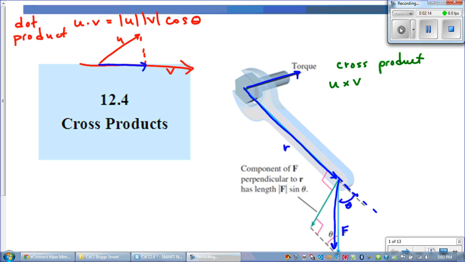It ends up that if we found the cross product of u and v, in this case R and F, so R cross F, the magnitude of that is the magnitude of R, so the length of that handle, times the amount of the force F, times sine of theta, where theta is the angle that's made between R and F. Okay, so that's what we're going to use cross products to figure out this amount of torque.